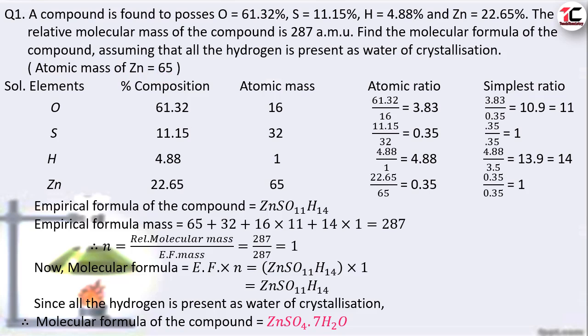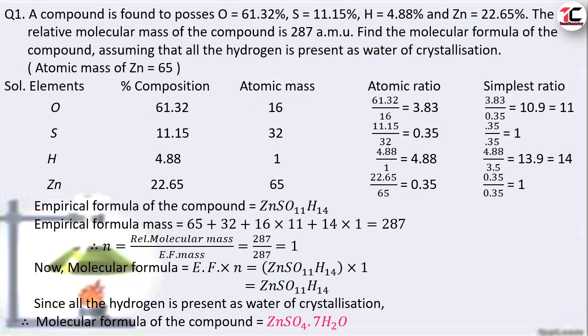We will make the table again. Elements, percentage composition, atomic mass, atomic ratio and simplest ratio. Here elements are oxygen, sulfur, hydrogen and zinc. Percentage composition of oxygen is 61.32. Atomic mass of oxygen is 16.